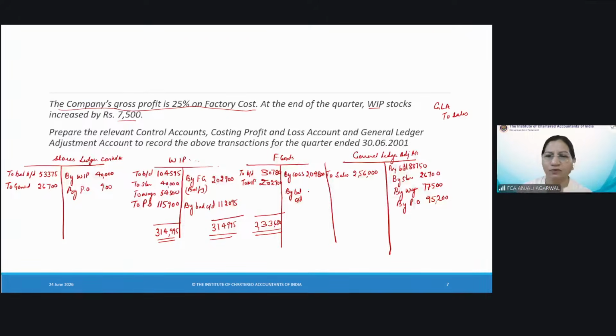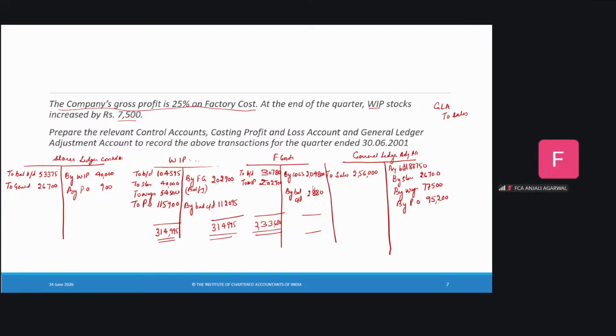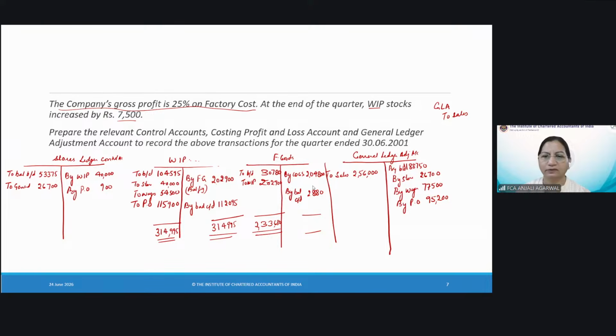So your closing balance is 28,880. Okay. So it is 2,33,680.